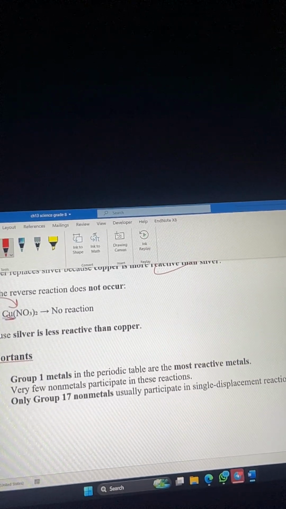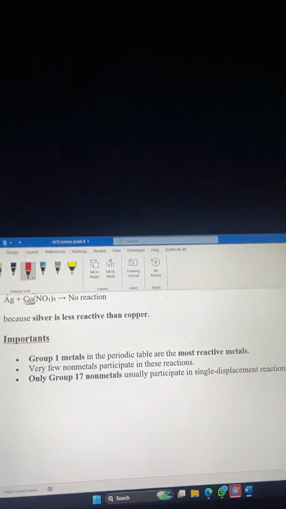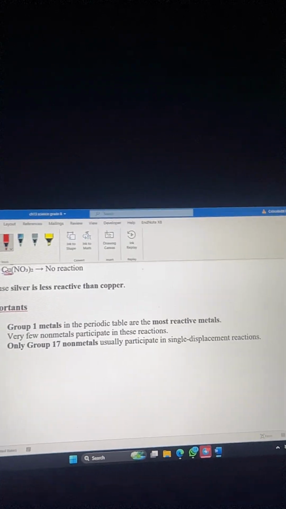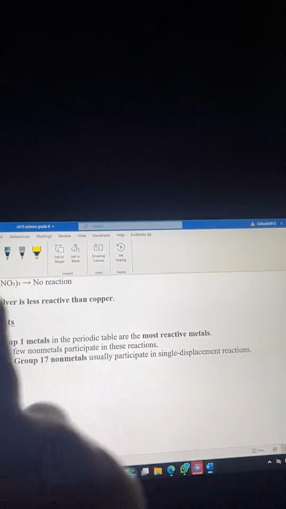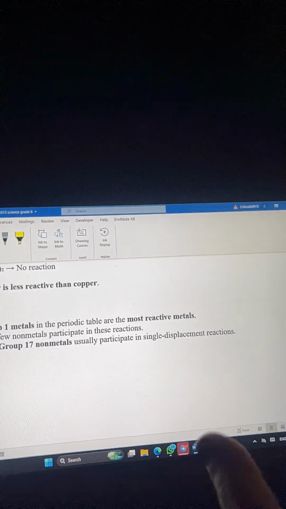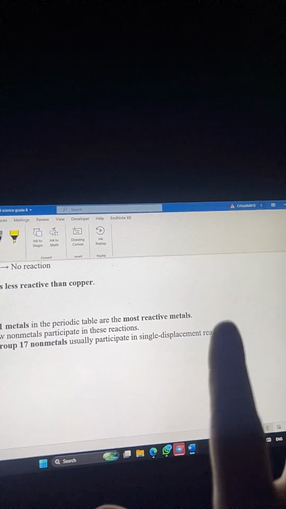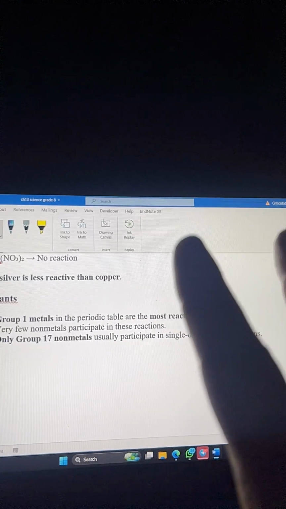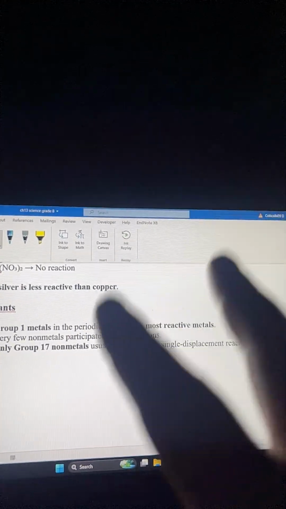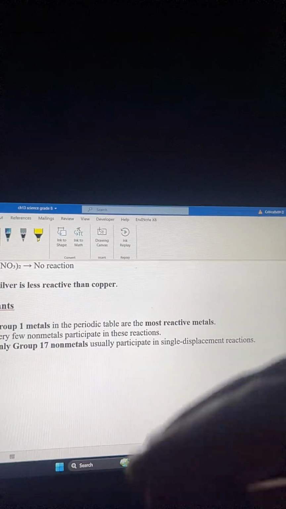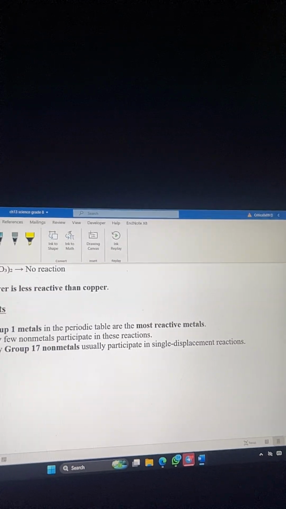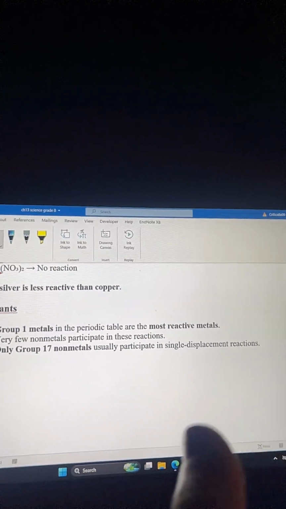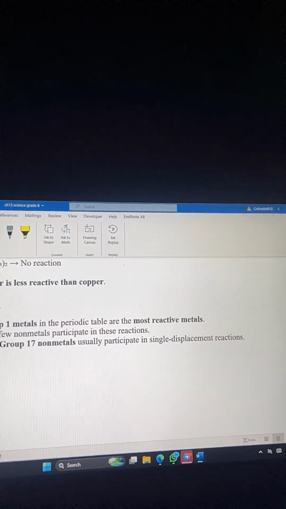So we have some important points, and they are mentioned in your book. Group 1 metals, you know in the periodic table, are the most reactive metals. Generally the metals are reactive metals, especially group 1, which is the most reactive. Maybe I will bring it in a true or false question.